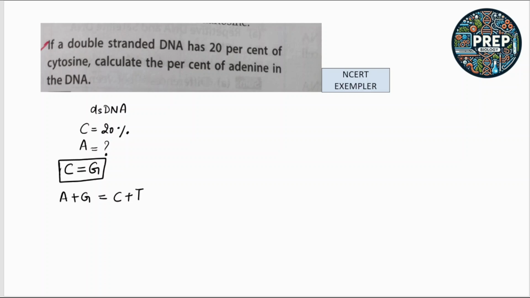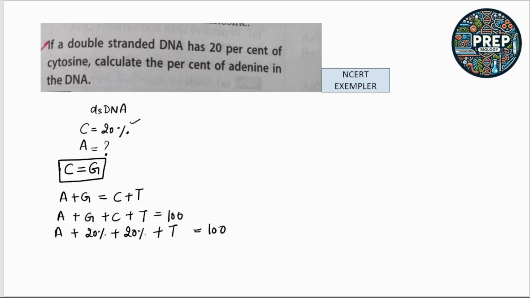If cytosine is 20%, then guanine is also 20%. All the bases together make 100%. We have to calculate adenine. Guanine is equal to cytosine, that is 20%, and cytosine is given as 20%.